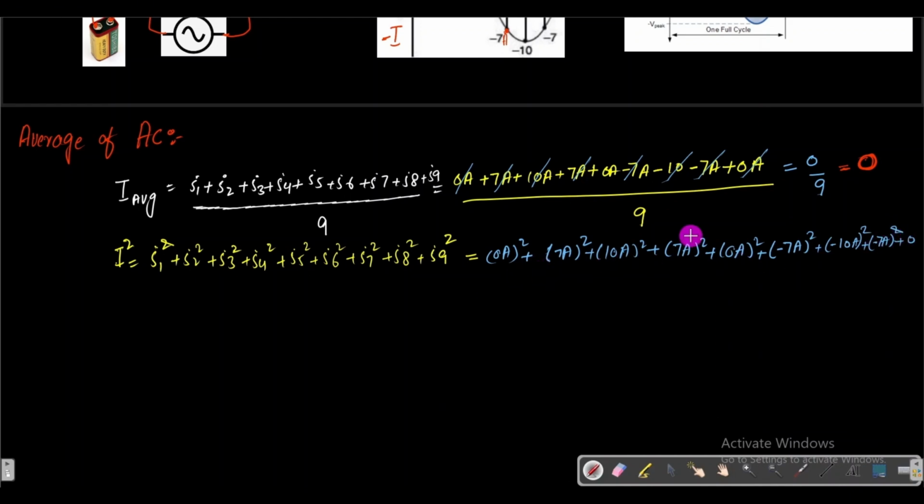These are the I square values. So here I square is equal to 0 square, and I'm going to find the values here.